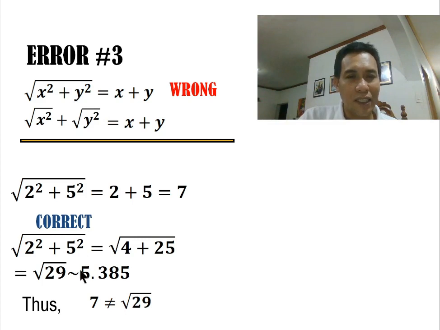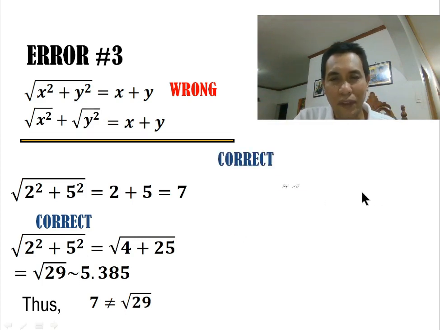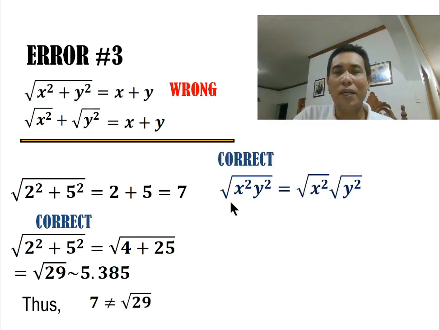Okay, I'll give you the correct example. If we have the square root of x squared y squared, notice that the radicand is composed of one term. So you can get the individual square root. The square root of x squared times the square root of y squared, which is equal to x times y.